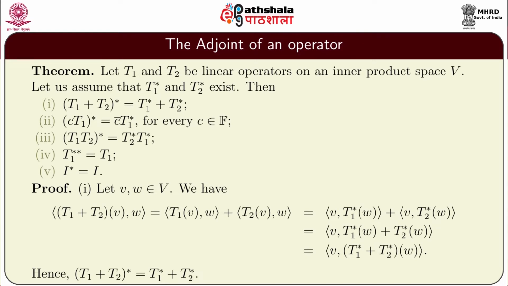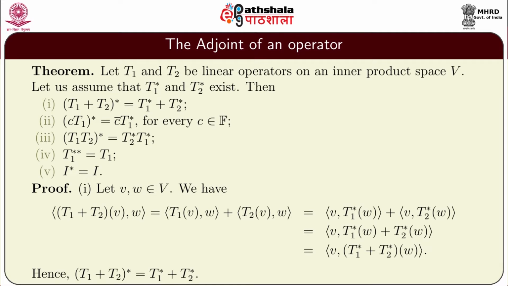For the first part, let V, W be vectors in V, then we have the inner product of (T1 plus T2)V comma W is inner product T1 V, W plus inner product T2 V, W, and that is equal to inner product V, T1 star W plus inner product V, T2 star W, and that is inner product V comma (T1 star W plus T2 star W), and that is equal to inner product V comma (T1 star plus T2 star) W. And therefore, we see that T1 star plus T2 star, which is also a linear operator on V, actually satisfies the properties of the adjoint.